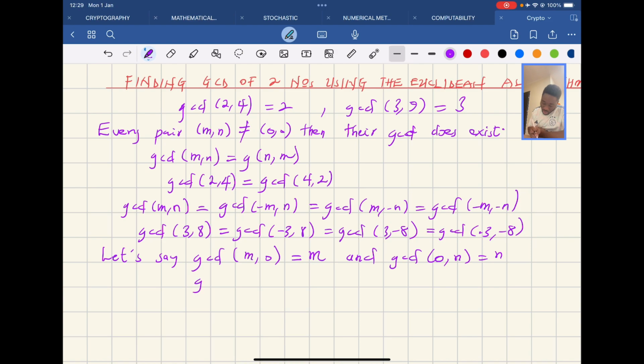So if you have the GCD of 2 and 0, it is always equal to 2. Any number over here will be here. And if you have the GCD of, say, 0 and 11, then the GCD of this will be 11. I hope this is clear.